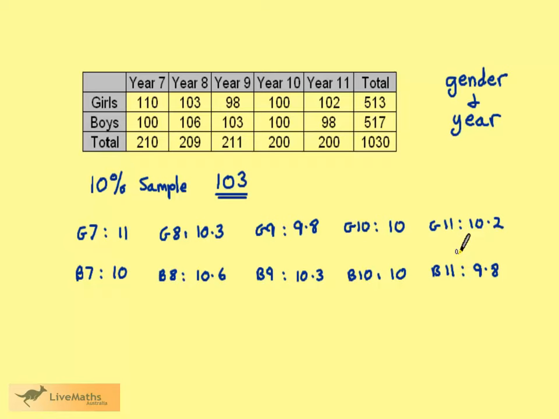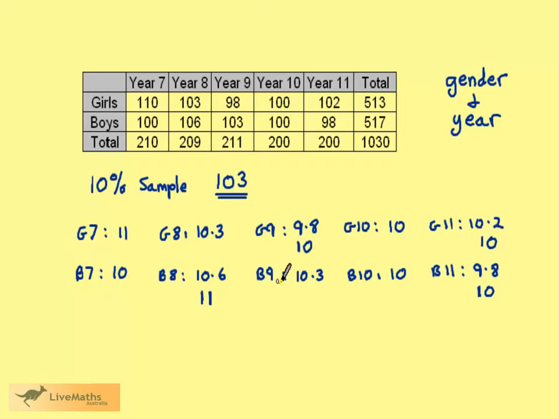We might decide to do this, or we might decide to keep the sample at 103 and round a little differently. For example, the 10.6 here we might make 11. The 9.8 we'd make 10. This 9.8 10 as well, and the 10.2 here also 10.